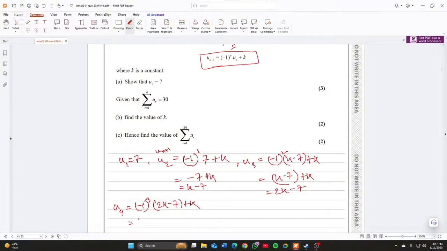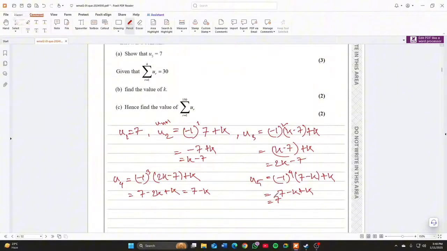Since minus 1 cubed is minus 1, this gives 7 minus 2k plus k, which equals 7 minus k. And finally u5 will be minus 1 to the power of 4 times 7 minus k plus k. Minus 1 to the power of 4 is only 1, so 7 minus k plus k gives us the result of 7. Therefore we have shown that u5 is indeed 7.